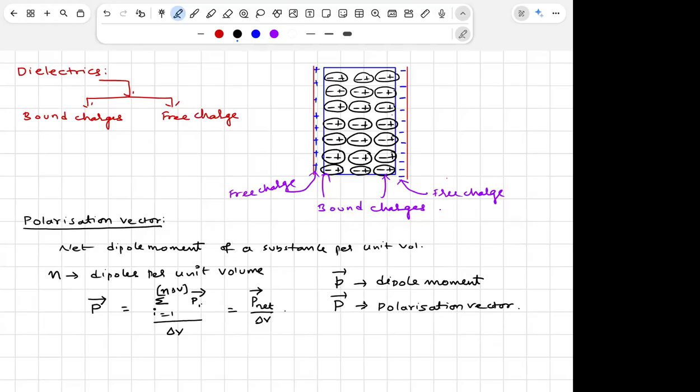When I am writing P bar, I am speaking about the macroscopic level.